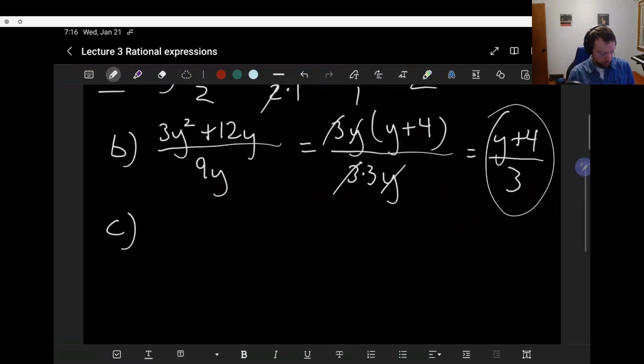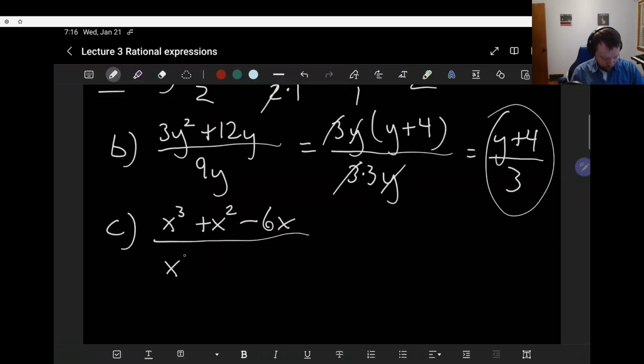Now we can make this even more complicated. A trinomial divided by another trinomial.